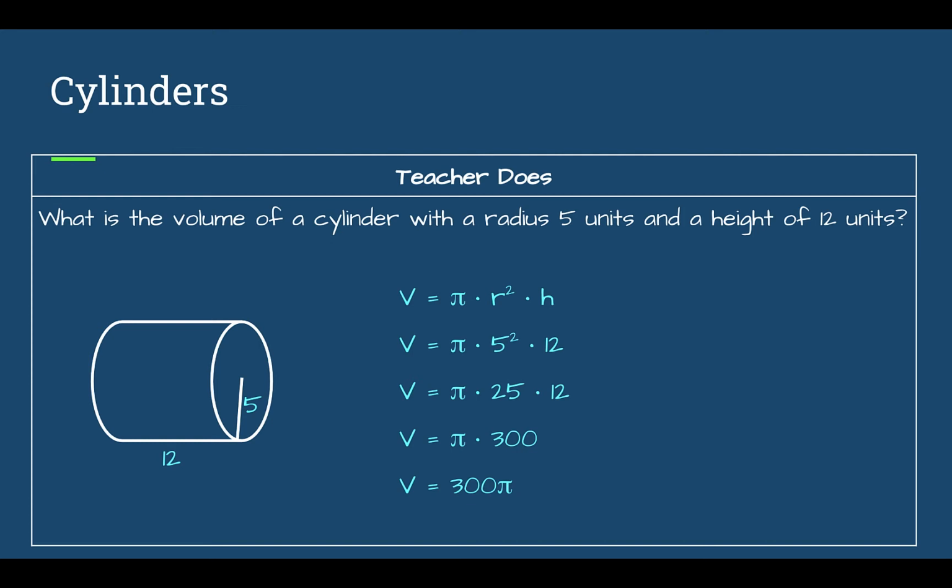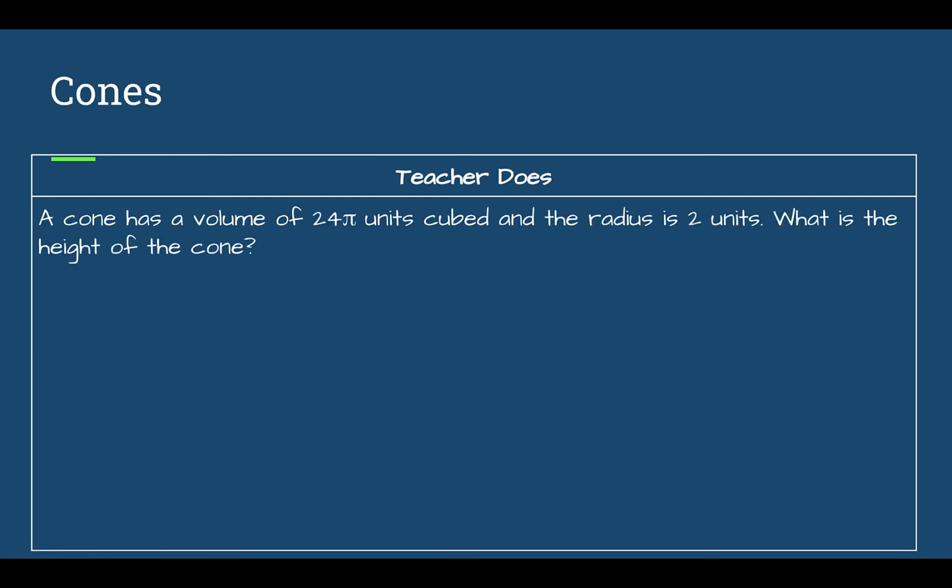If you leave it with the pi symbol in there, it gives you the exact answer. So similarly, if it asks you for the exact answer, you need to leave the pi symbol. If it asks for an approximate answer, that means to multiply it out, where you get a decimal. So our approximate answer here is 942.48.